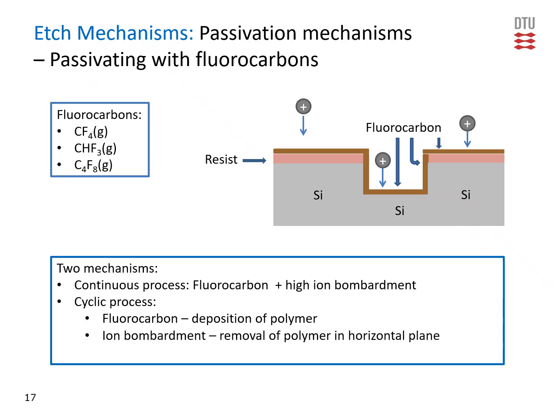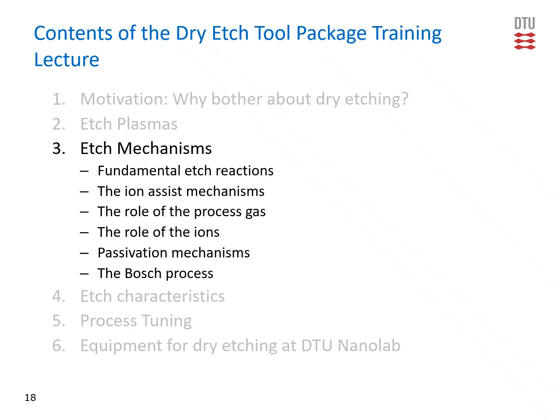Then an ion bombardment will remove the polymer in the horizontal planes, and then there will be a step with, for example, SF6 etching the silicon. And then it goes back and makes another polymer layer, another ion bombardment, and then yet another etch step. This is called the Bosch process, and the Bosch process will be the topic for the next video.